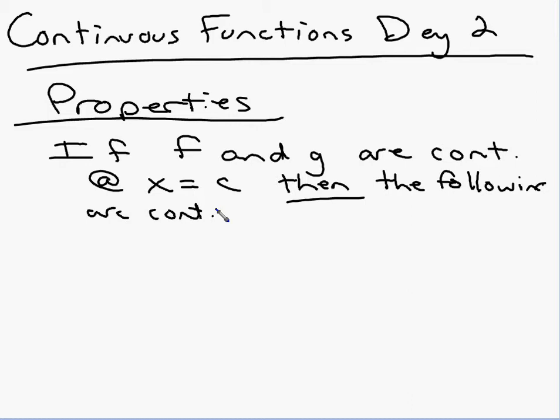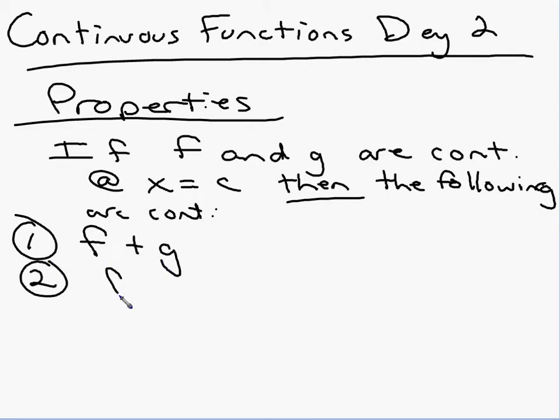So, if f and g are both continuous at a certain value, then guess what? So are f plus g, and f minus g, and f times g. All of those are still continuous.